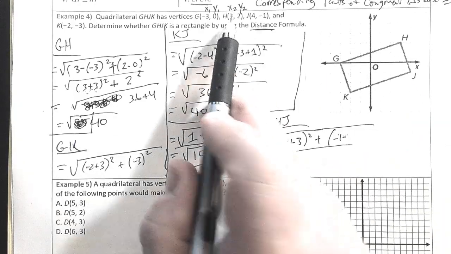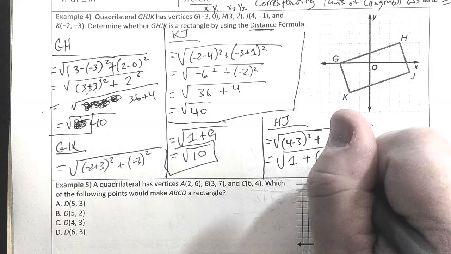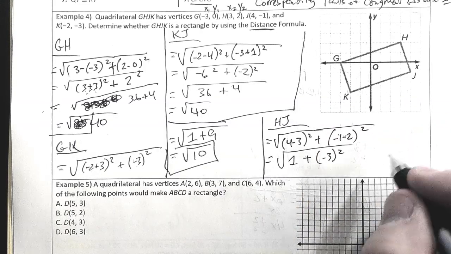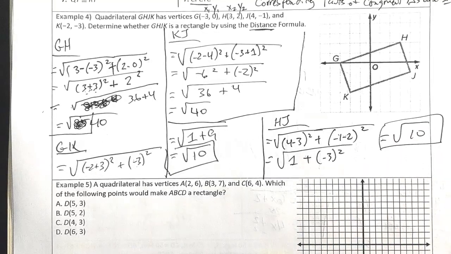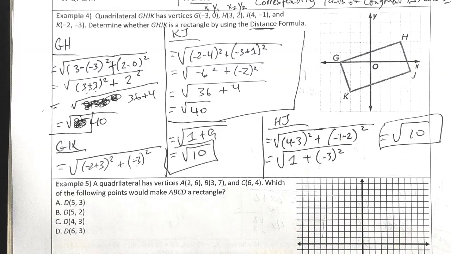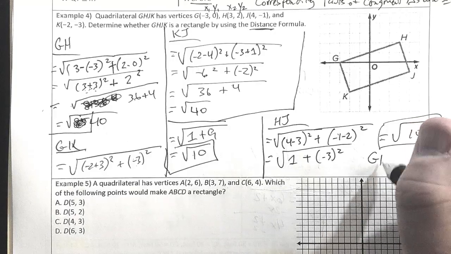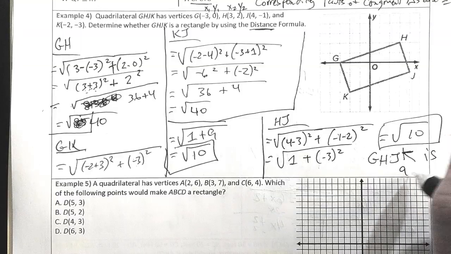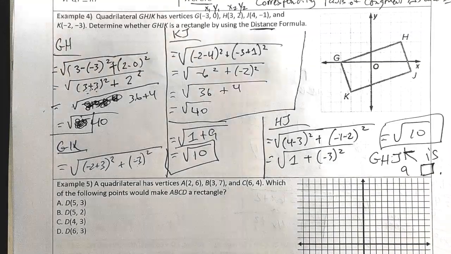Yeah, negative 1 minus 2, which is negative 3. Notice this is 1 and 3 squared, which is 9, so it's the square root of 10. So opposite sides are congruent. It only says to use the distance formula, so we're not going to check the angles, but if we would, we'd see if they're perpendicular. So GHJK is a rectangle.